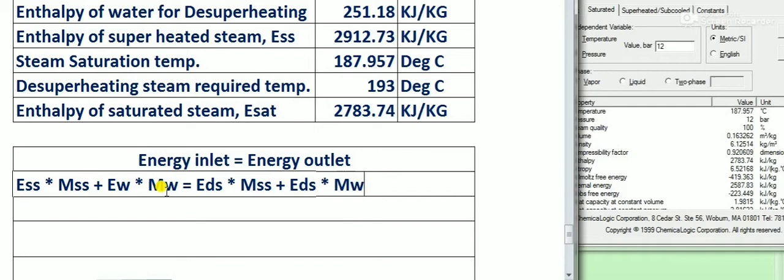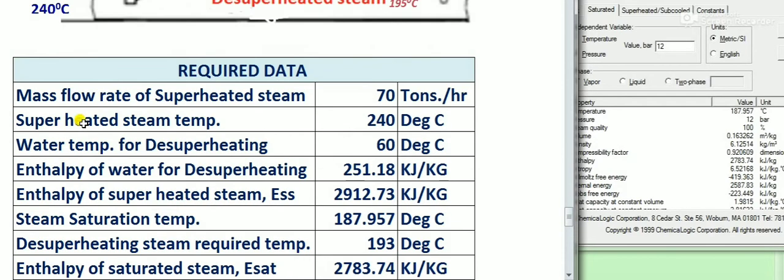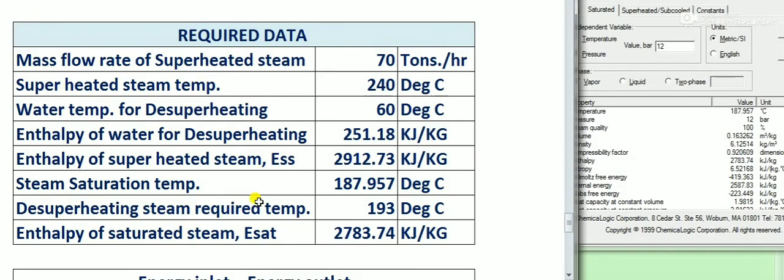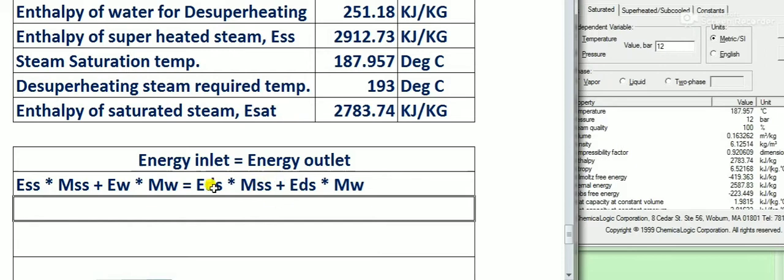Correct? It is simple. Here, for the desuperheated steam energy output, it can be confusing, so I am explaining once again. Enthalpy of desuperheated steam into mass flow rate of superheated steam only is going to come, plus enthalpy of desuperheated steam into mass flow rate of water.